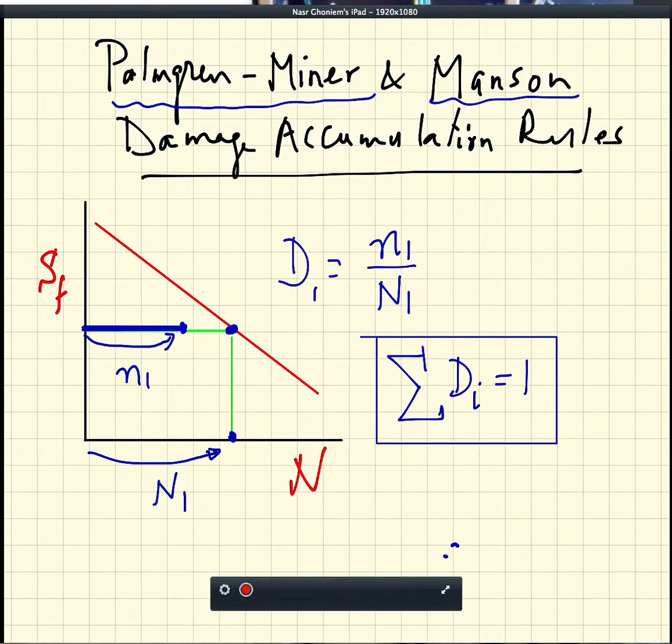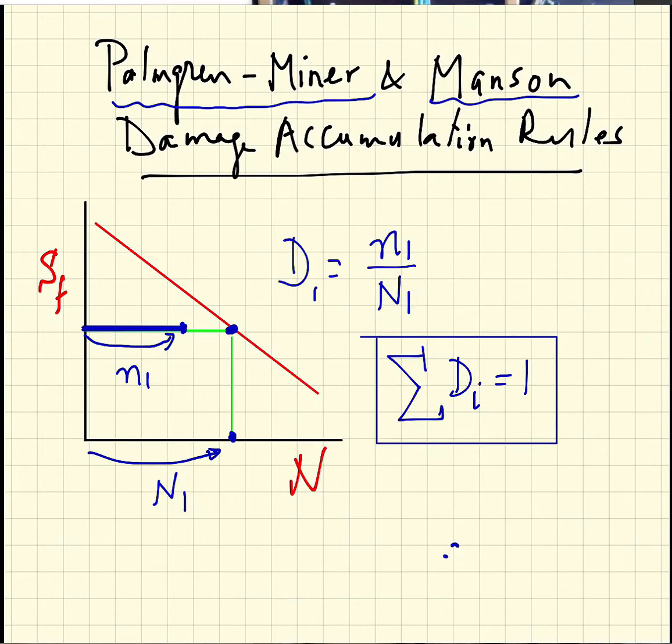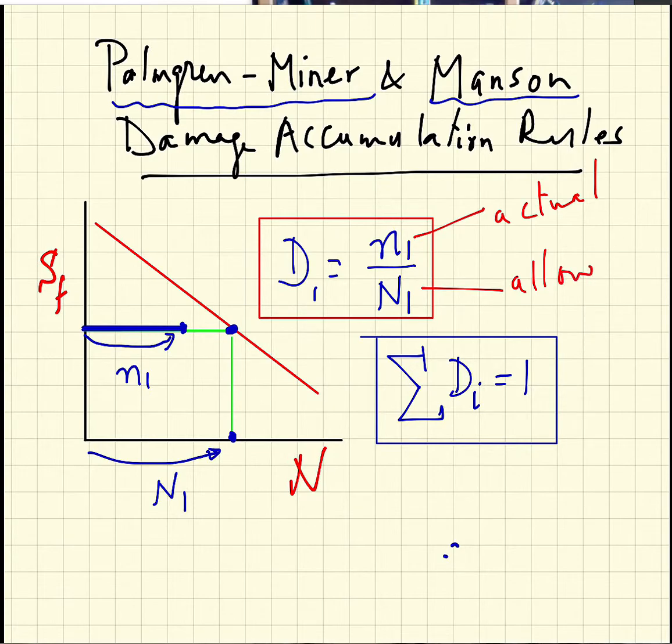So the simplicity is that we can define a damage fraction, and the damage fraction is the actual number of cycles that are used divided by the allowable number of cycles. And allowable is the number that will cause failure at this particular amplitude.